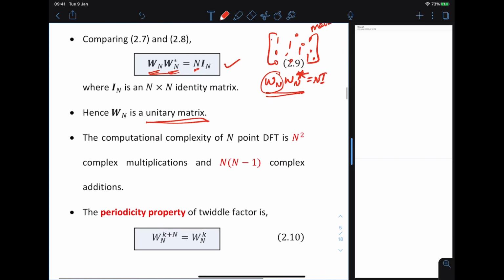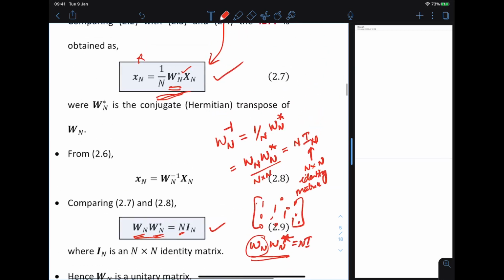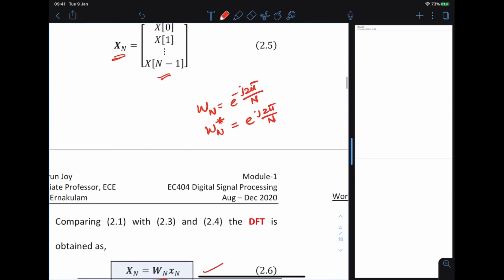Now we'll see the computational complexity of finding the DFT.